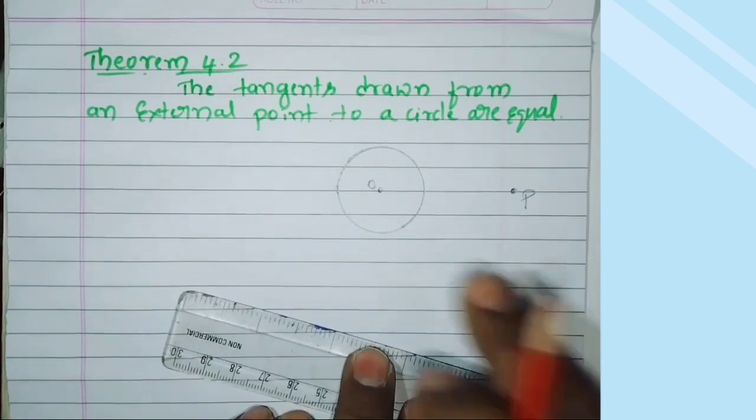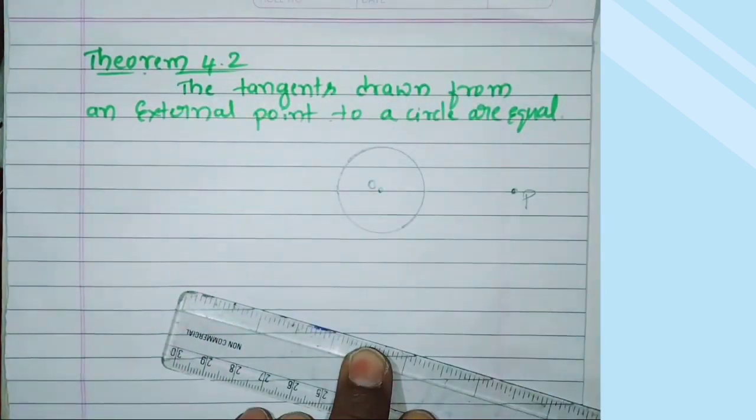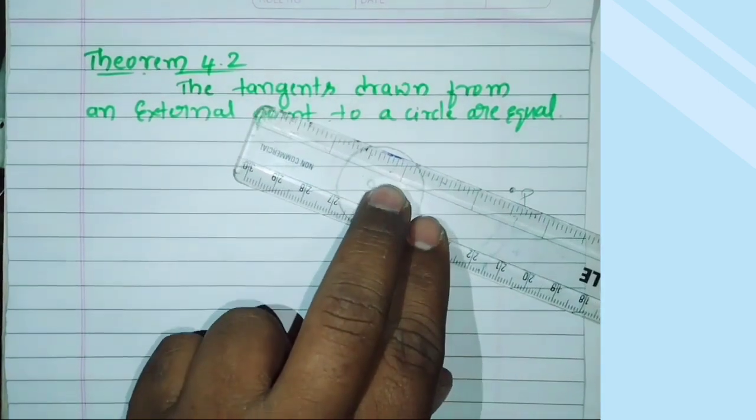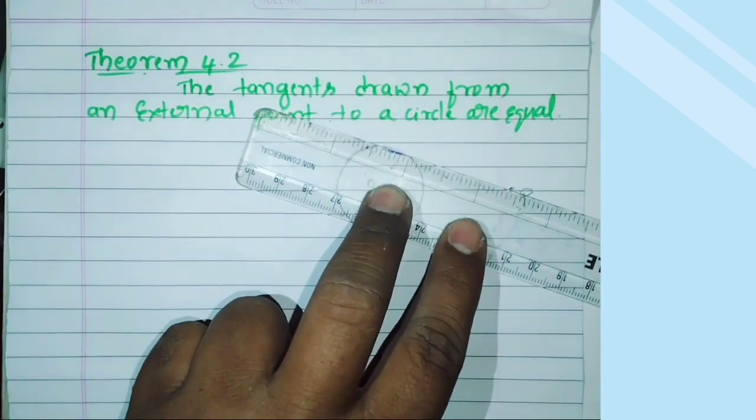Now we have to draw the tangents from the external point P. I will draw 2 tangents now.